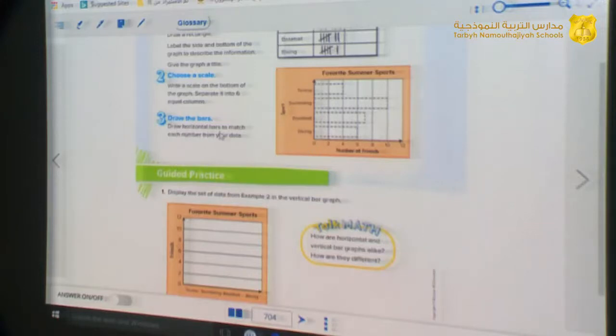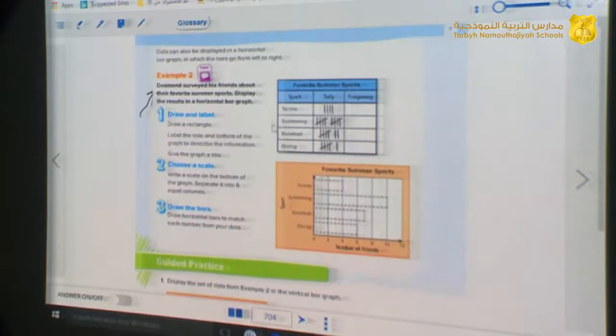We will draw horizontal bars to match each number from your data. Look in our tally chart, which we know before how to make it and what these vertical lines mean. Tennis has 4 vertical lines.